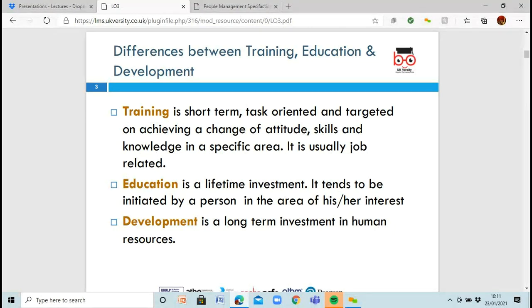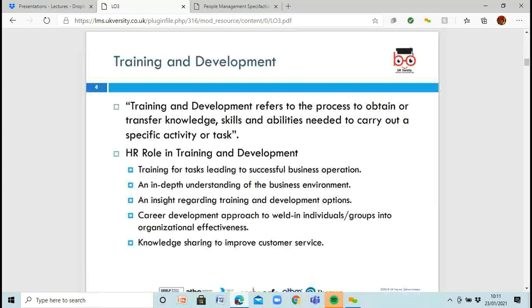So this is normally initiated by yourself, and it's normally within an area that is of interest to you. And then development is a long-term investment. So you're spending a lot of time into developing your own human resources. So that was the difference between training, education, and development.